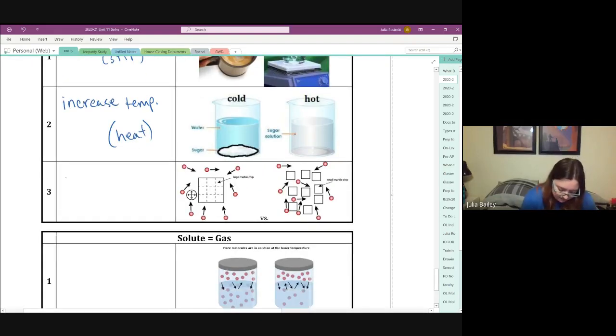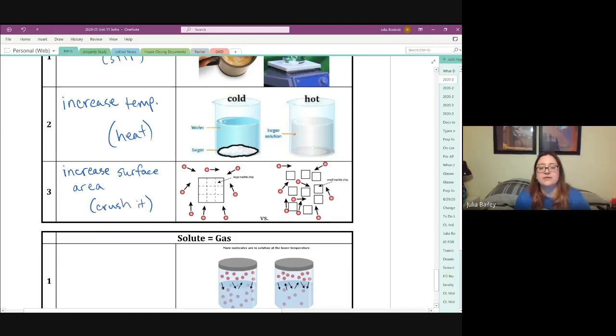And then you can also increase the surface area, which really just basically means you crush it. So you take a sugar cube and it takes a longer time to dissolve because the water can't get in there.